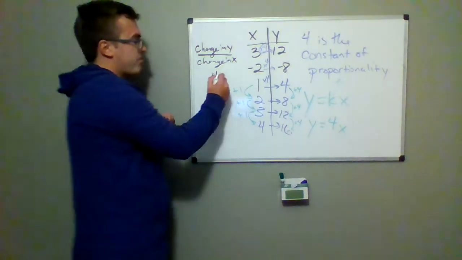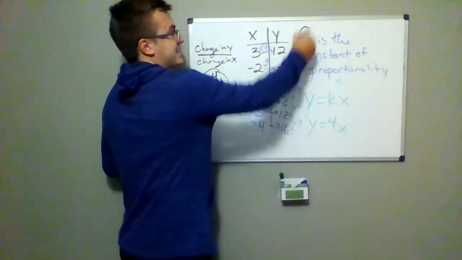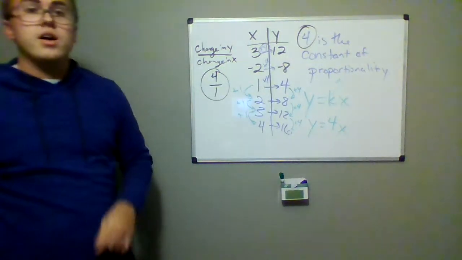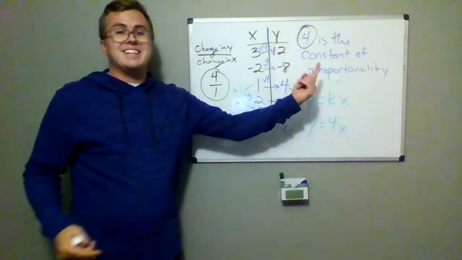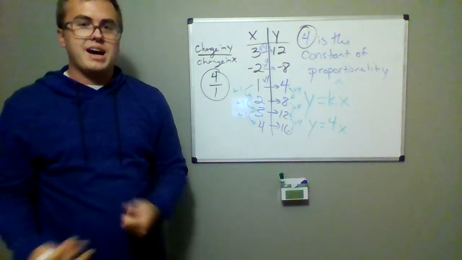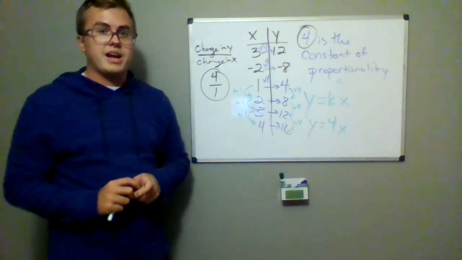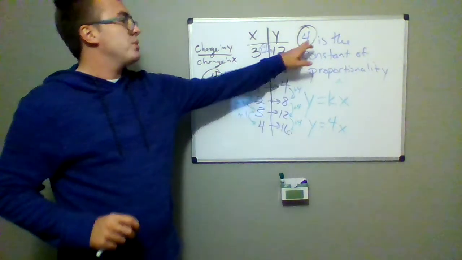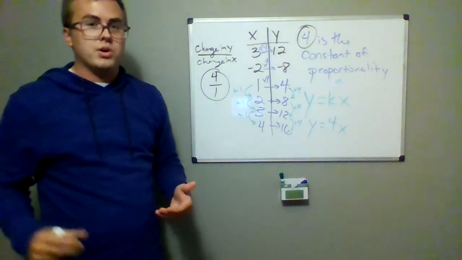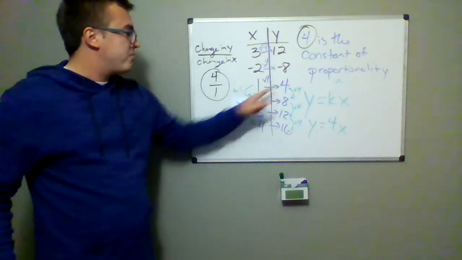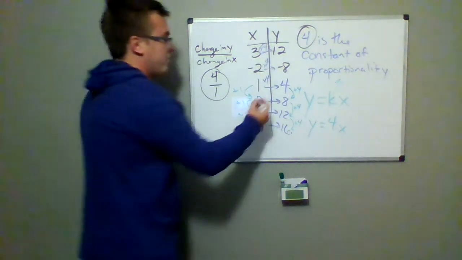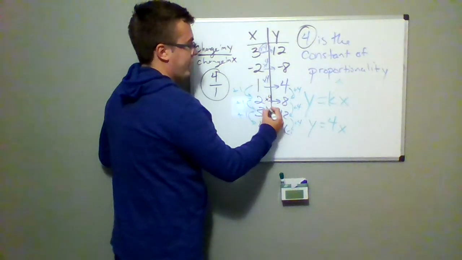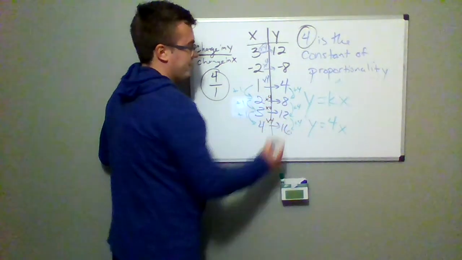And would you look at that, 4 over 1, that's the same thing as 4. Those two things are going to be the exact same every single time that you're doing direct variation. The change in y over the change in x is going to be the same number as that constant of proportionality, that constant number that you're multiplying all of your inputs by.